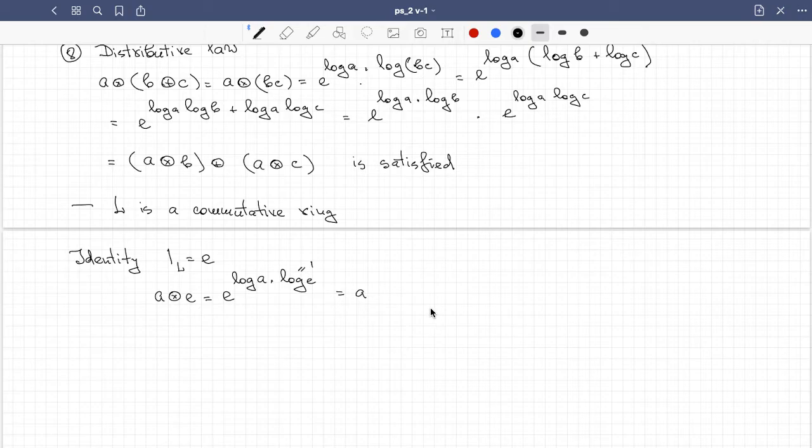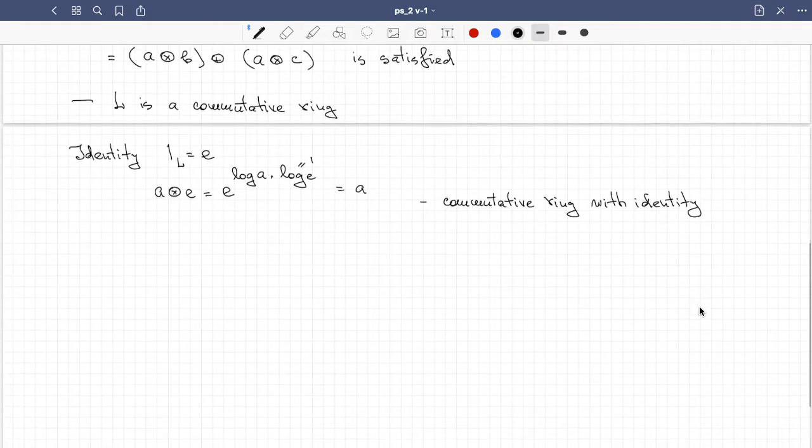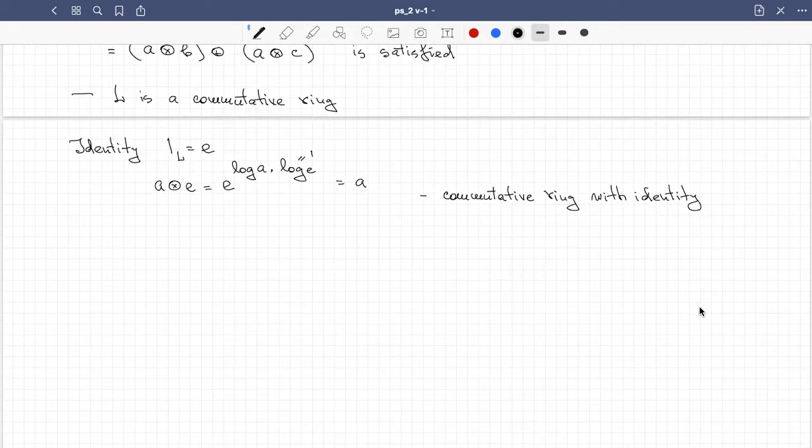So we know that this is a commutative ring with identity. Is it an integral domain? Let us try that.